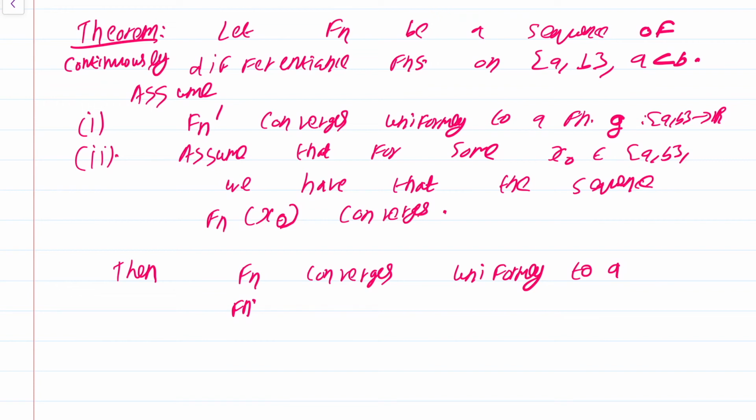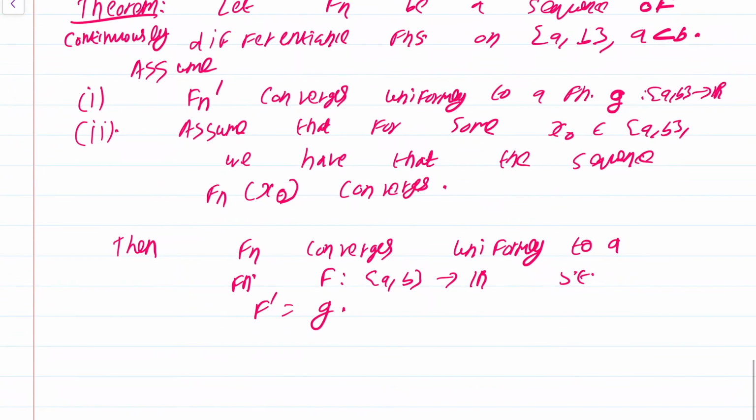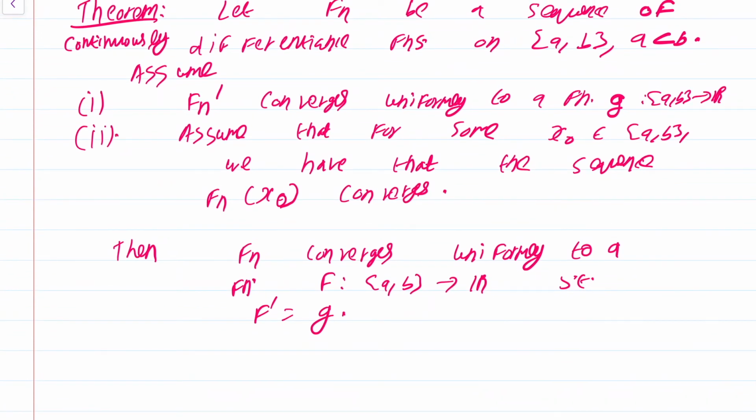Then f_n converges uniformly to a function f from [a, b] to R such that f prime is nothing but g. So under hypotheses 1 and 2, the sequence f_n itself converges uniformly to a function f from [a, b] to R, and not only that, the derivative of this function is the limit of the derivatives of f_n.